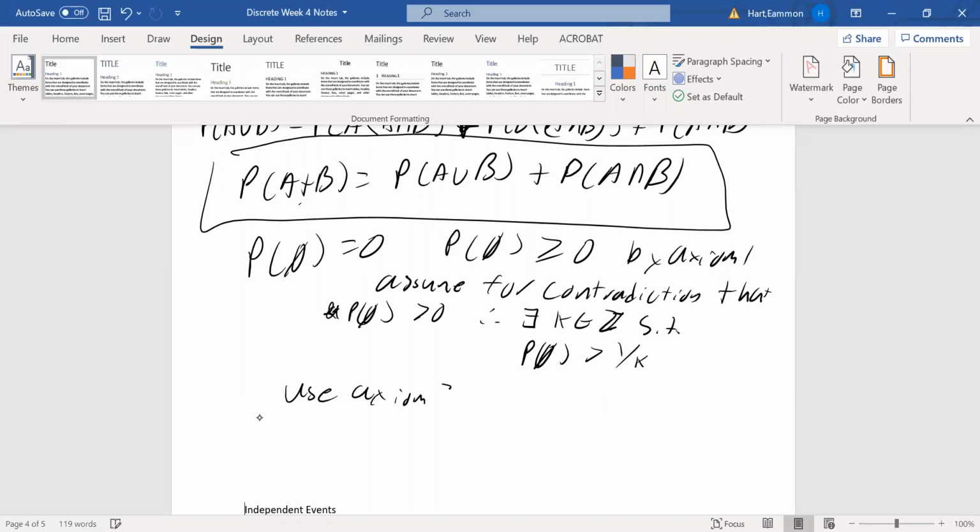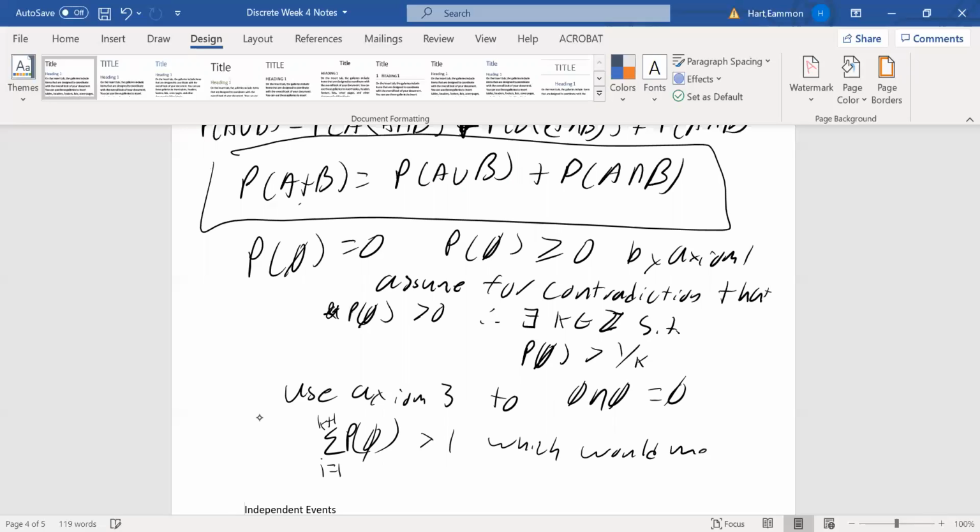Then I can use axiom 3. The intersection of the null set with the null set is the null set, so they're mutually exclusive. I can apply axiom 3 to say the sum of the probability of the null set from i equals 1 to k plus 1 is greater than 1, which would mean the probability of the null set is greater than 1.